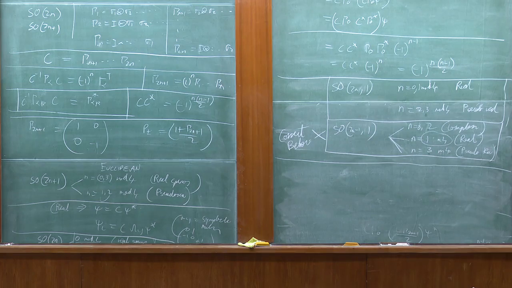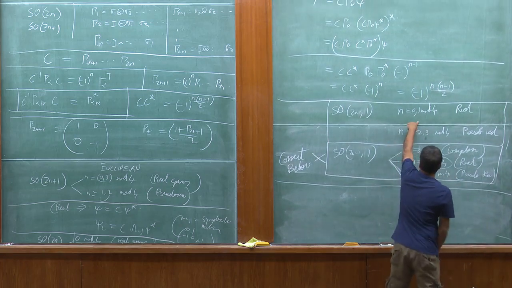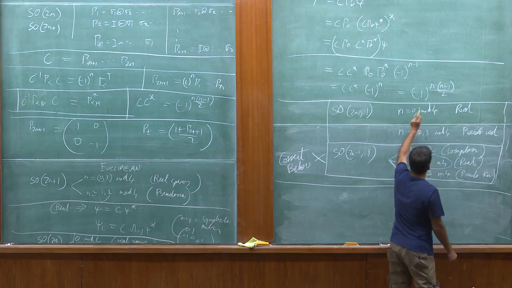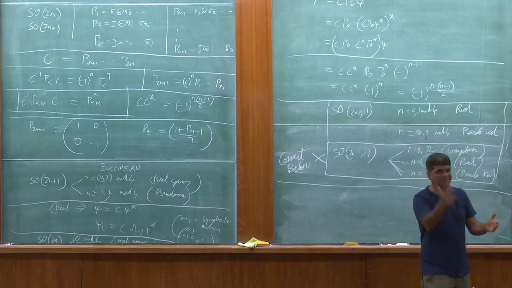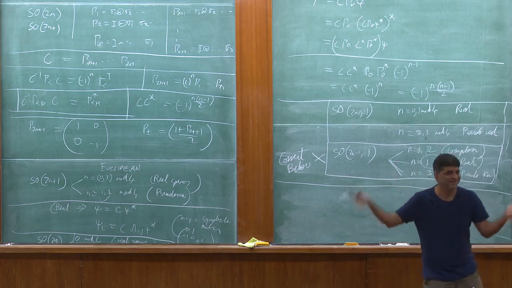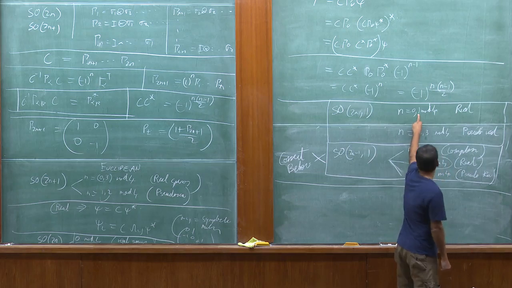And what about the odd dimensions? The odd dimensions to remember is that we get real spinors in 3 dimensions. That we knew, right? Sigma 1, sigma 3, and i sigma 2, real Pauli matrices. We get real spinors in 3 dimensions, and we also get real spinors in 9 dimensions.